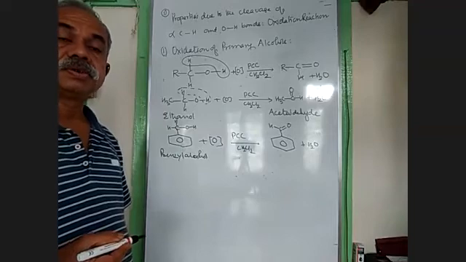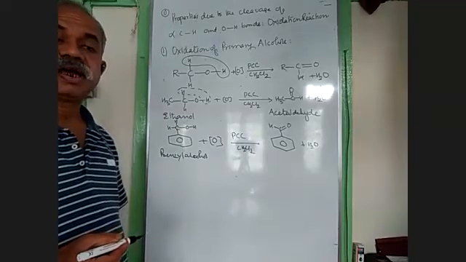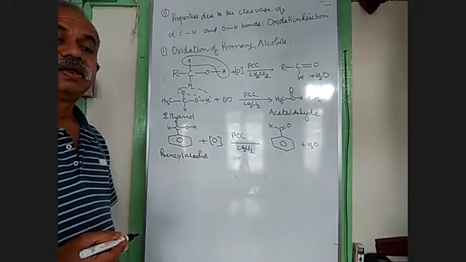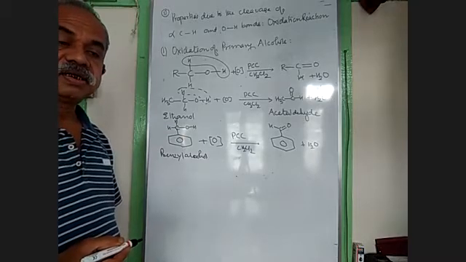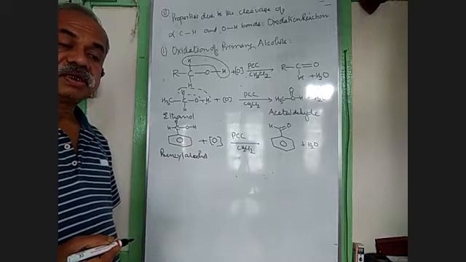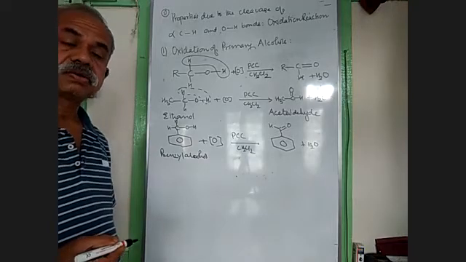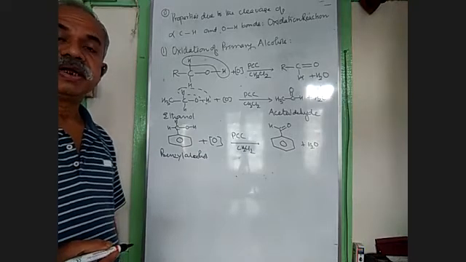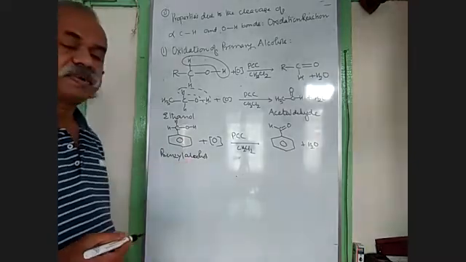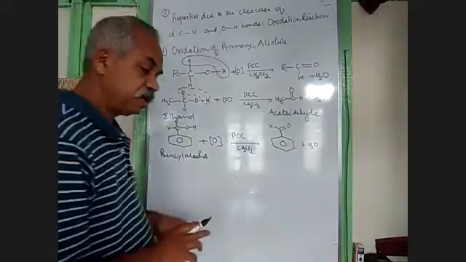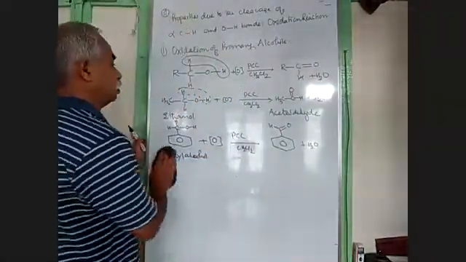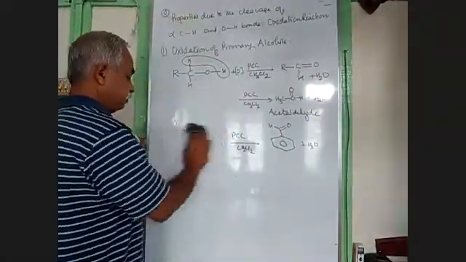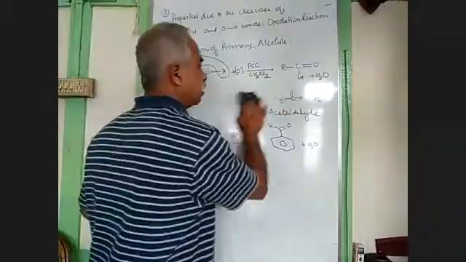But if you use a strong oxidizing agent like potassium dichromate or potassium permanganate, this molecule will oxidize not only the alcohol, it will also oxidize the double bond and break the molecule. This never happens in case of PCC. That is the advantage. You will find this sentence is written in your textbook also. Okay. So let me take an example.